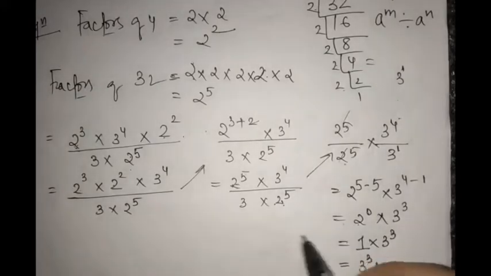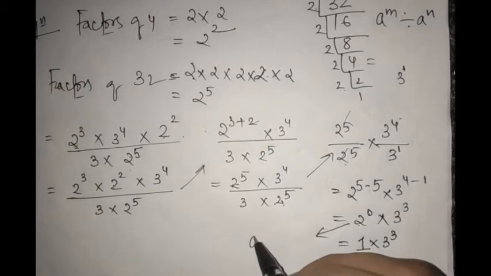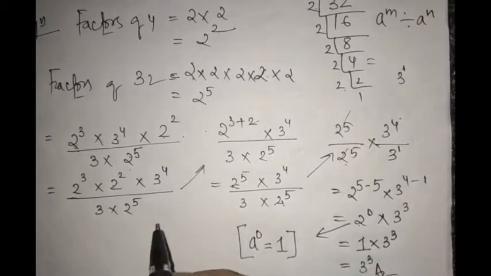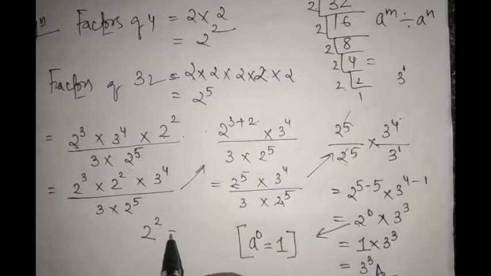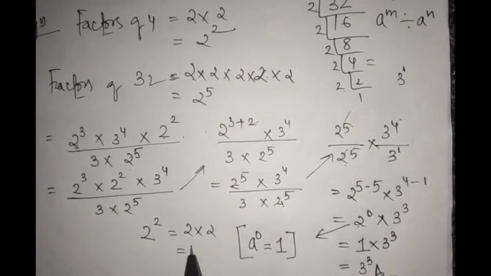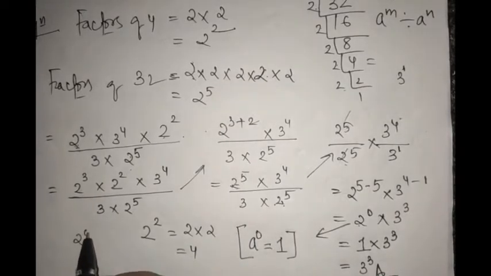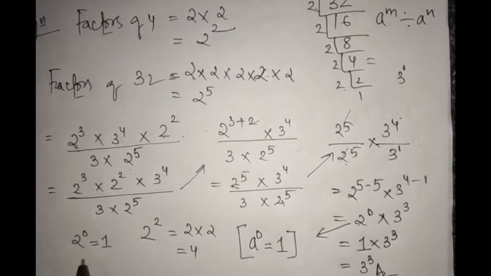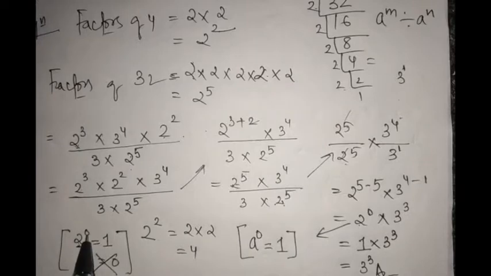So I repeat here, any base if it has a 0 power exponent, the value will be 1. Suppose you have 2 square, then you will write 2 into 2 is equal to 4. But if you have 2 to the power 0, then the value is 1. Never write 0. Many of the students make the mistake that 2 to the power 0 is equal to 0. This is wrong.